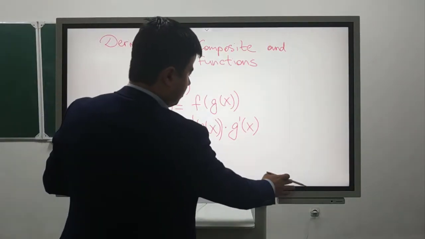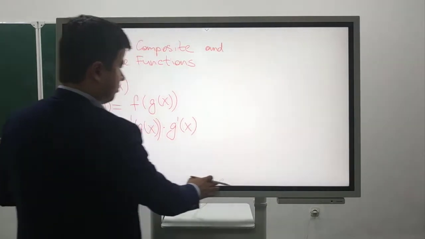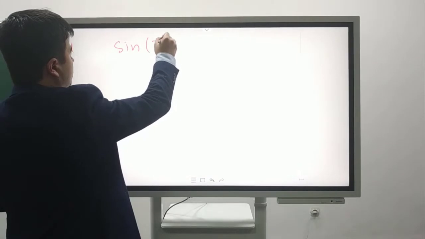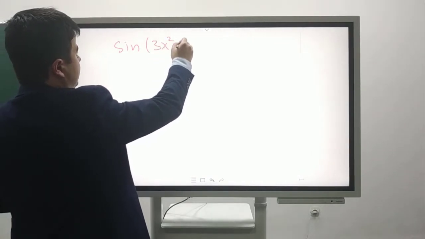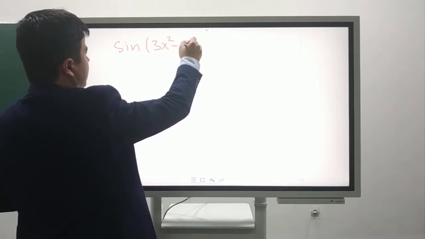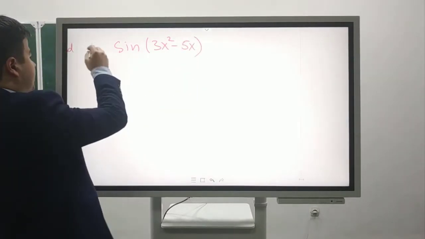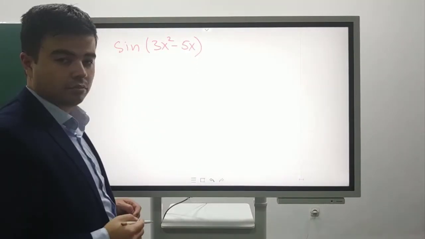Okay, now let's consider an example. Let's begin with the simple one, sine of 3x squared minus 5x, for example. And we need to take the derivative of this function.